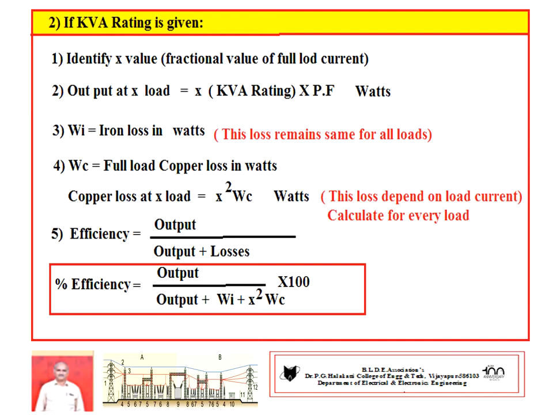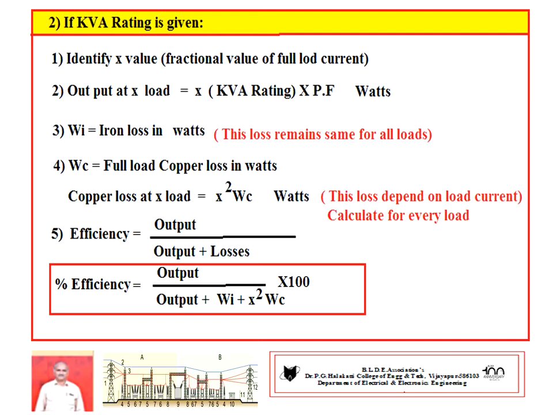Next, Wc be the full load copper loss. This is referred to as variable loss. It depends on load current. As the load changes, load current changes. As the load current changes, this copper loss changes. Hence, in general, copper loss at X load is equal to X square times the full load copper loss.